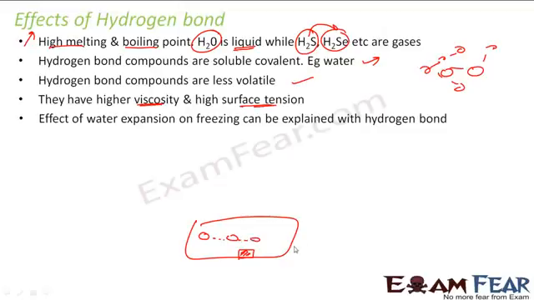Hope you understand this. In water, the hydrogen bond is a little strong. It binds the water molecules together, and it is in liquid form. It is dense and occupies less space. But the moment you freeze it, the hydrogen bond becomes weaker. It forms the crystalline structure and expands because the hydrogen bond is weaker there.